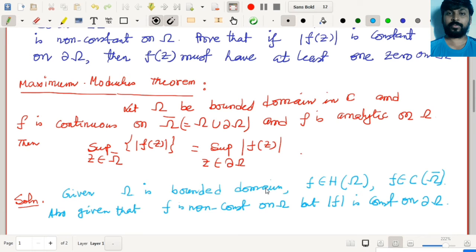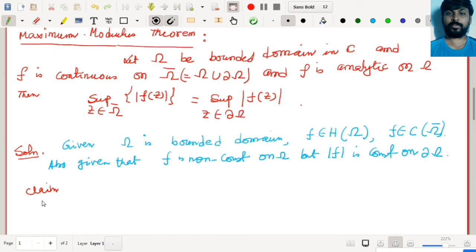So given omega is a bounded domain, f is analytic on omega, and f is continuous on omega bar, and also it is given that f is non-constant on omega, but mod of f is constant on the boundary of omega. The claim is f(z) has at least one zero in omega.